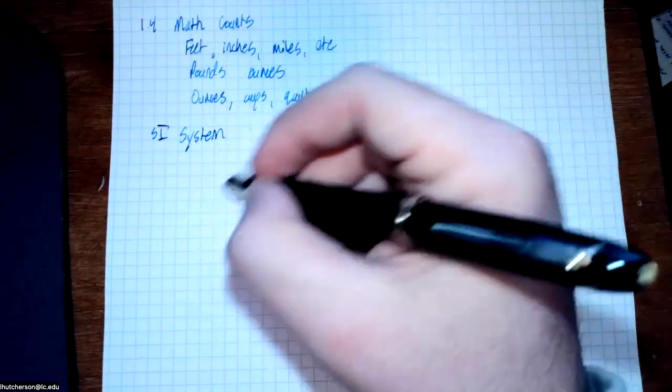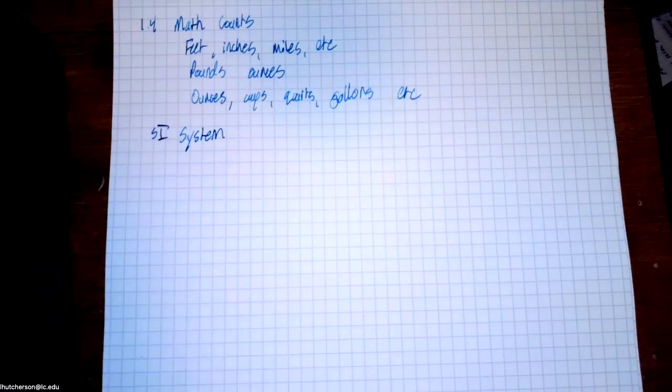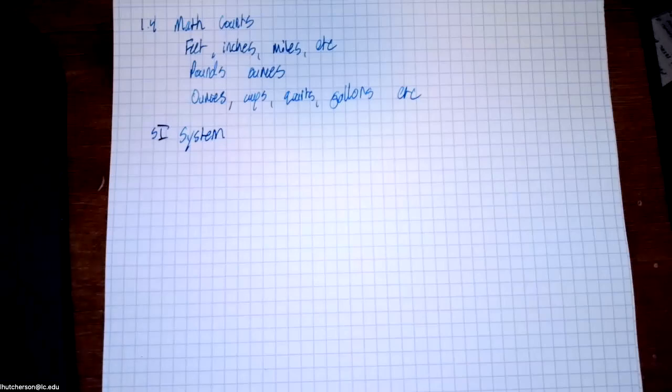But in any case, the way the SI system differs from the metric system is that the SI system really is more comprehensive than the metric system. It covers more measures and so forth than the metric system does.